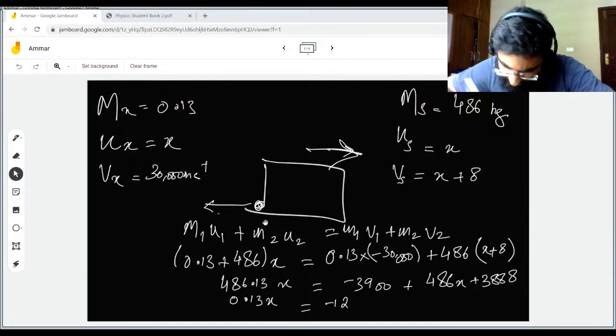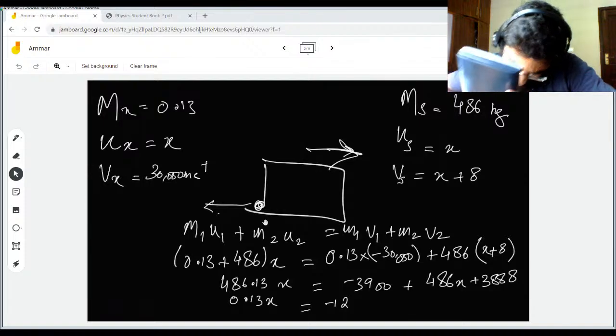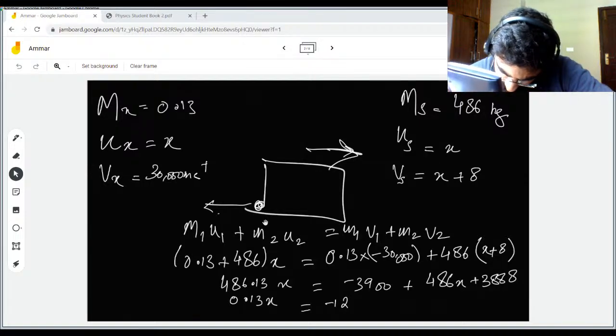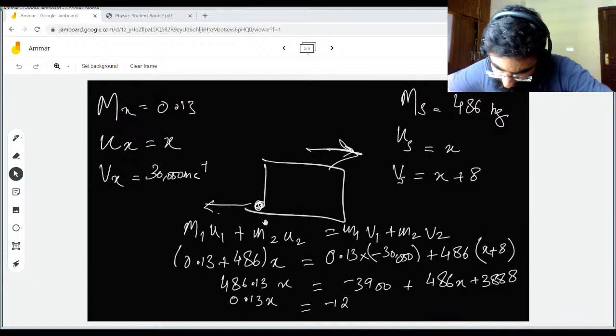So 486 times X is this 0.13x. 0.13x is correct.